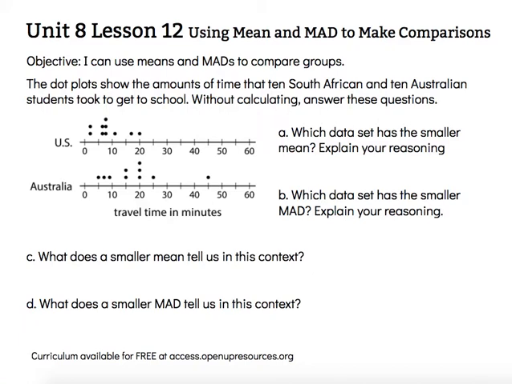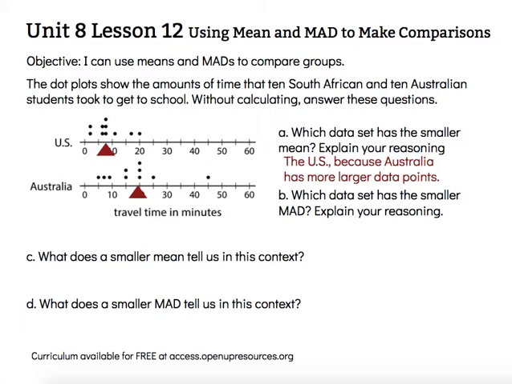So I'm going to place that fulcrum where I think it would go for both dot plots. And you can see that for the students, the mean is smaller in the United States than it is in Australia. So that means that it takes the students in the United States a little less time to get to school.